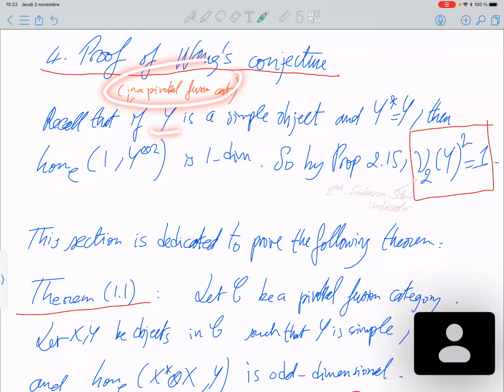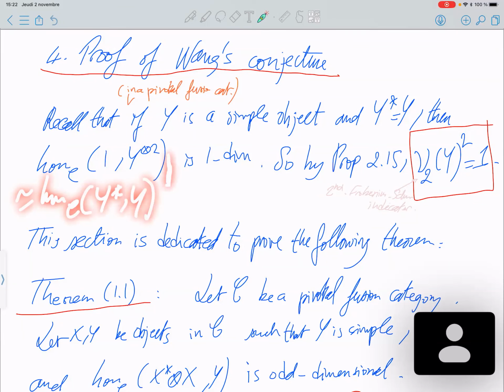You take a simple object Y, which is self-dual, and in this case, the Hom space between 1 and Y tensor Y is one-dimensional, because there is an isomorphism into Y star tensor Y, but Y star is equal to Y. So it's a Hom space between Y and Y. Y is simple, so it's one-dimensional by Schur's lemma, because we are in a field which is algebraically closed.